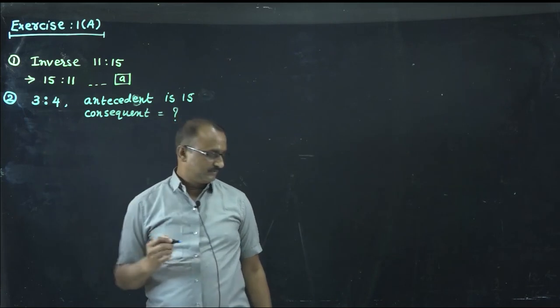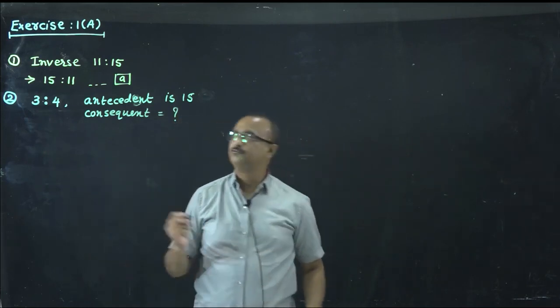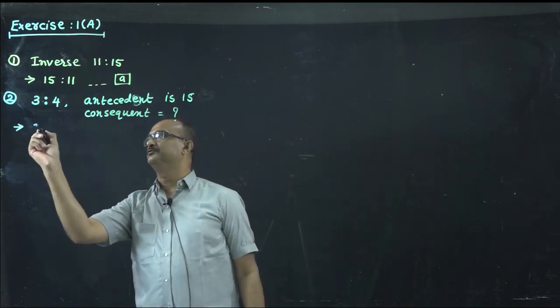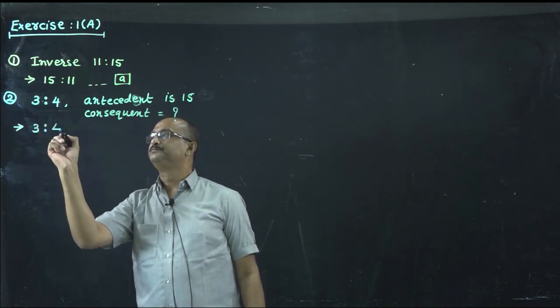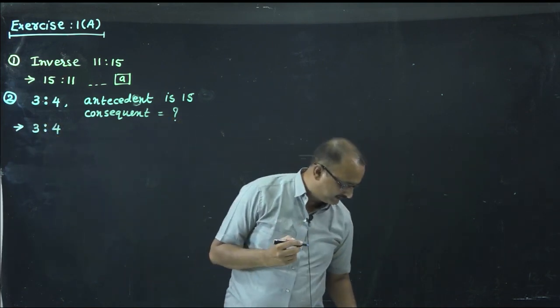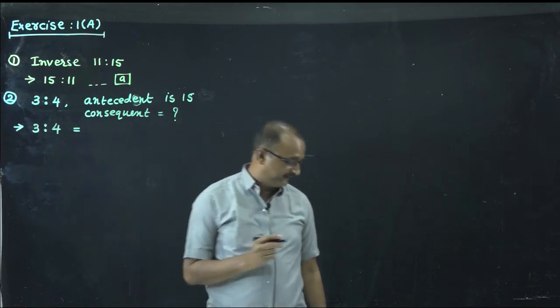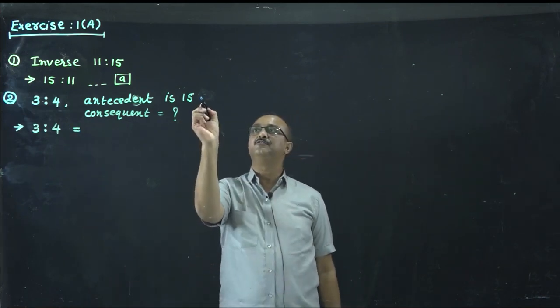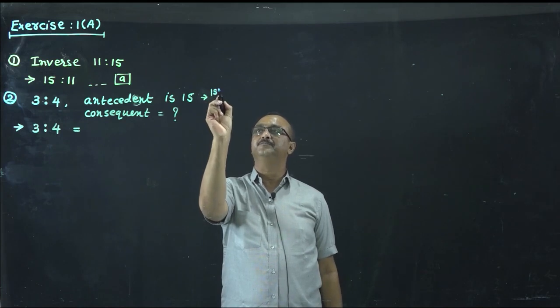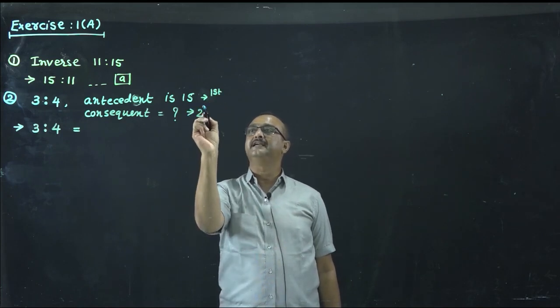The ratio of two quantities is 3:4. Write down 3:4. The question is asking that the antecedent is 15 and the consequent is what? The antecedent is the first term and the consequent is the second term.